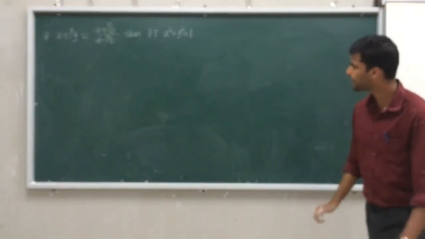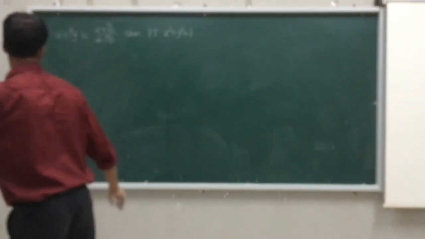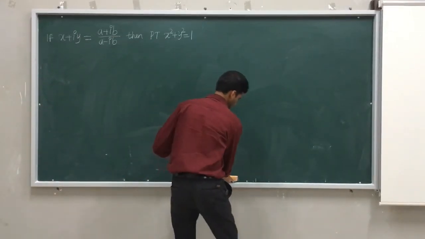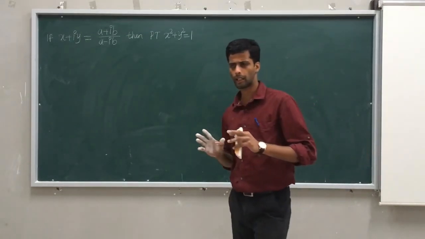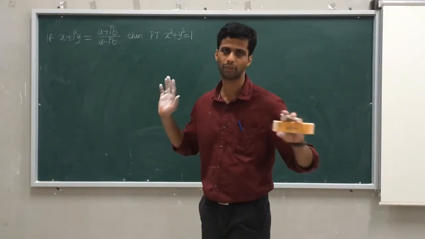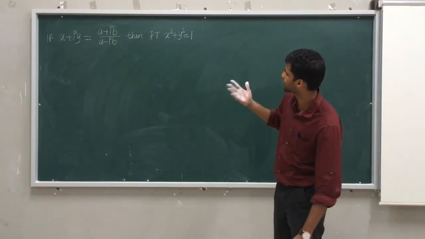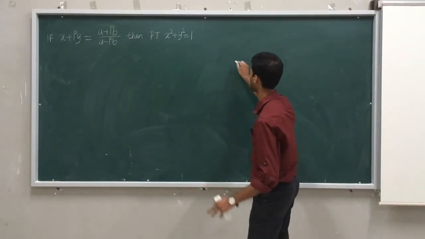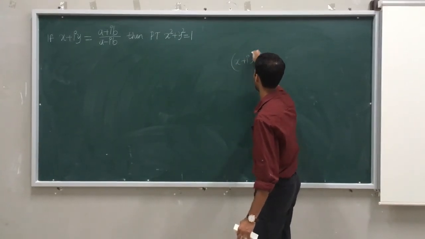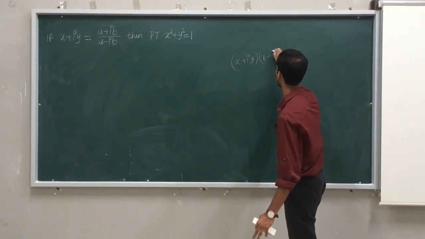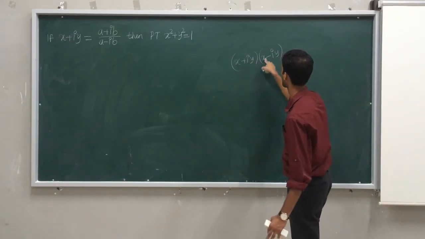See, this is a bit knowledge oriented as well as logic oriented question. It's not a difficult one. They have given x plus iy. The problem with this question is it's not in the standard form. I need to prove x square plus y square equal to 1. We all know that if I take x plus iy and multiply it with x minus iy, it looks like (a plus b) into (a minus b).